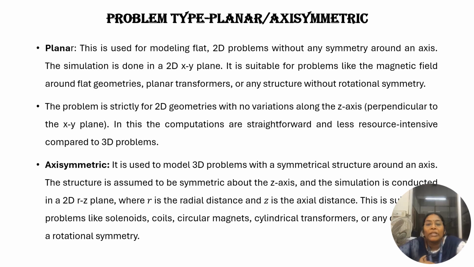That is, we view a 3D problem as a 2D problem in FEMM using axis symmetry, where we have the 2D RZ plane, that is, radial distance and axial distance Z. This kind of problem is used for solving symmetries such as solenoids, coils, circular magnets, cylindrical transformers, something which has a rotational symmetry.